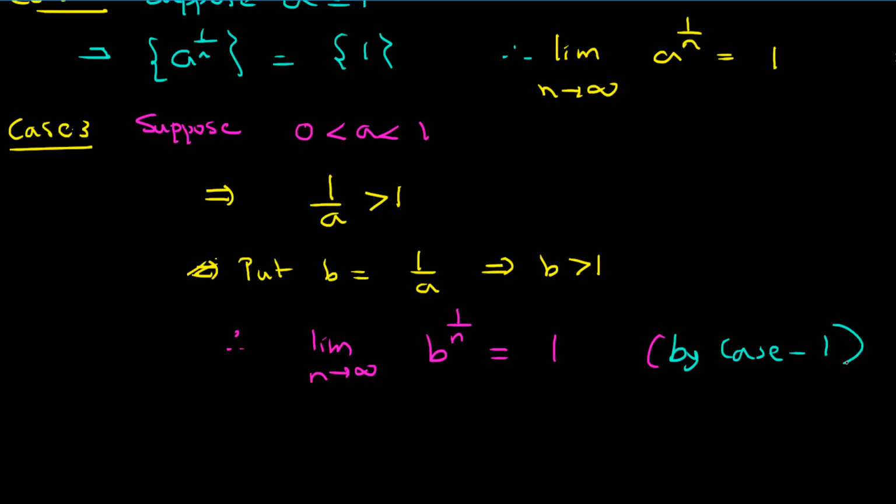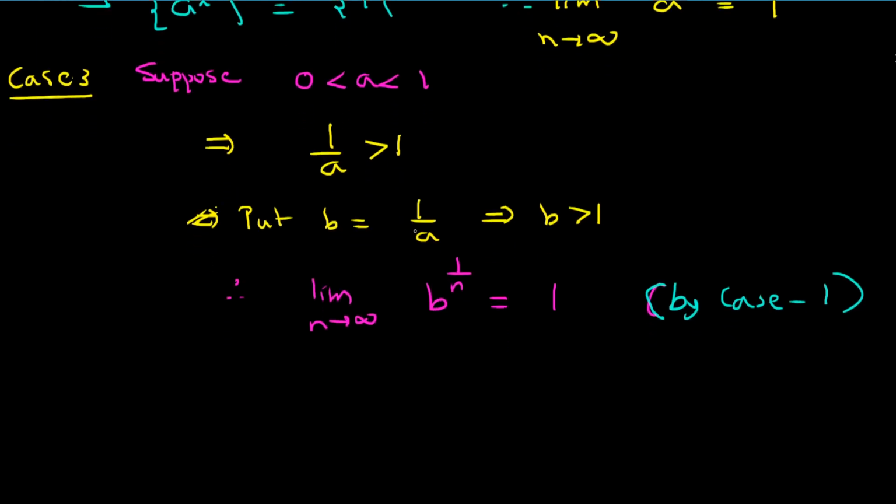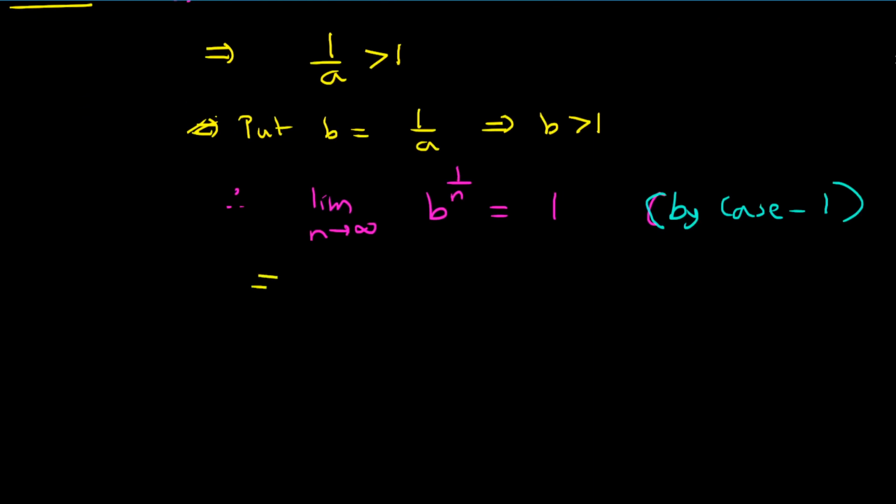We have proved in case 1 that if a is greater than 1, then a raised to 1 upon n tends to 1 as n tends to infinity. Let us substitute the value of b. B is 1 upon a, so I can have limit n tends to infinity 1 upon a raised to 1 upon n is equal to 1.